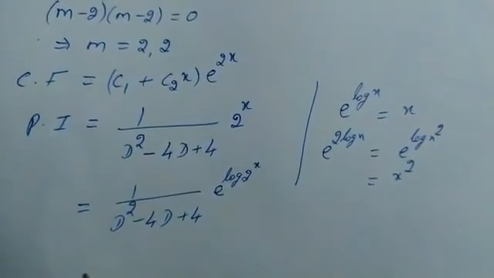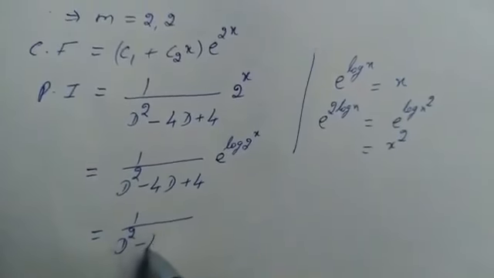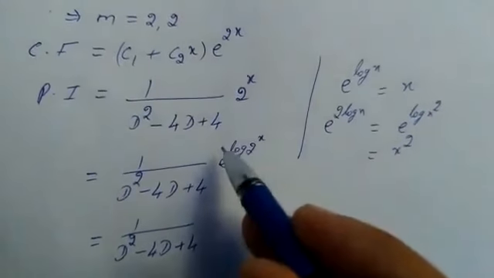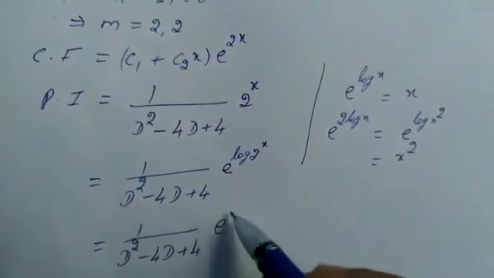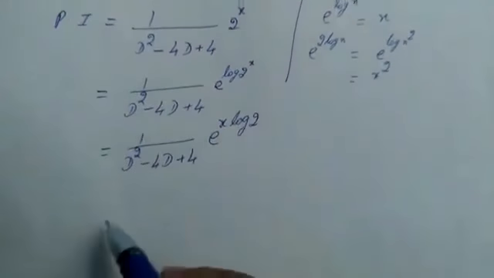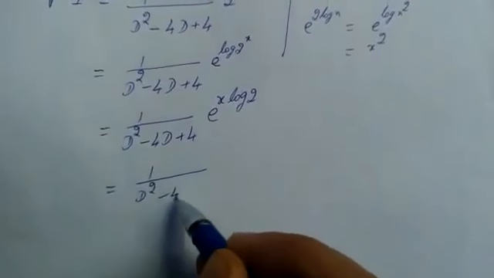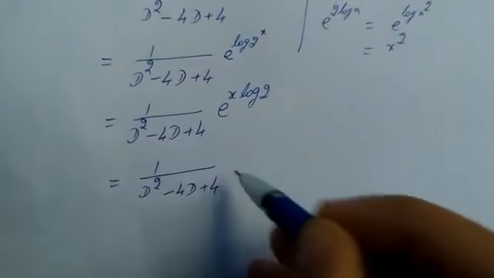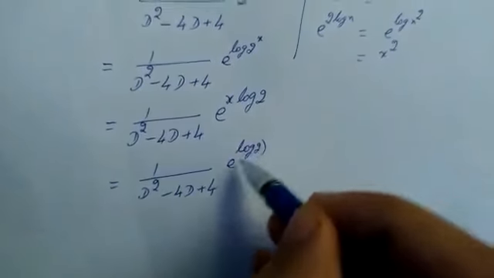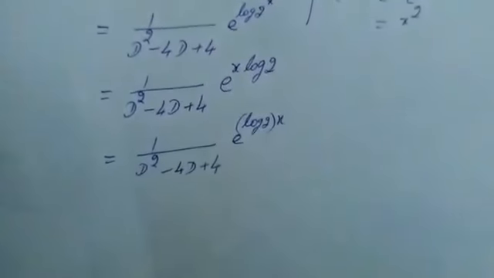So, this will be again 1 by (D square minus 4D plus 4) into, this x we can bring here, so this will be e raised to x into log 2. That is 1 by (D square minus 4D plus 4) into e raised to (log 2) into x. We are interchanging, that's all we are doing here.